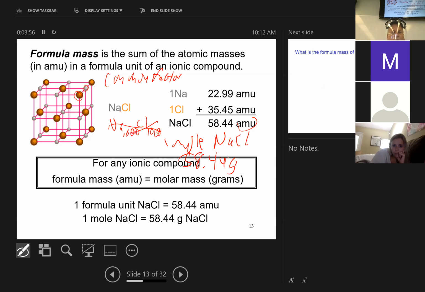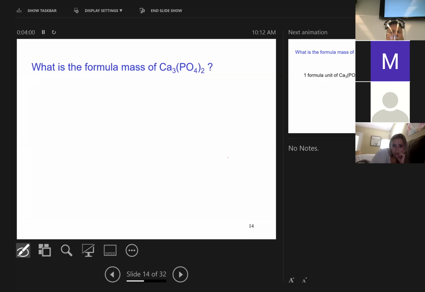So if we have a situation where you're asked for the formula mass, how would you do this problem? And you will always have a periodic table in front of you. Let's work through it together.